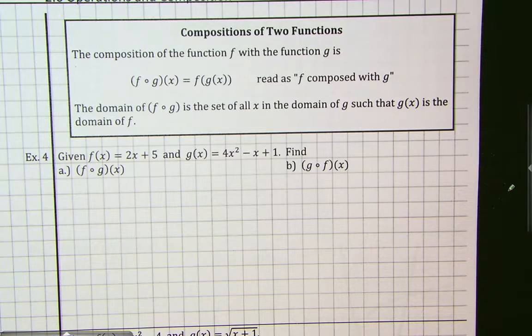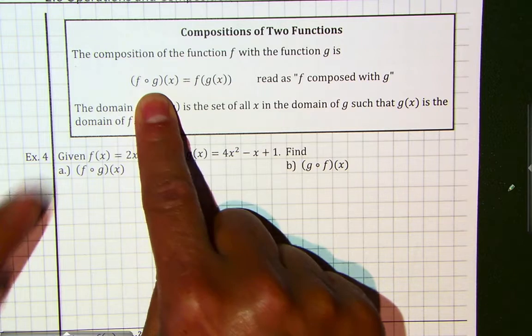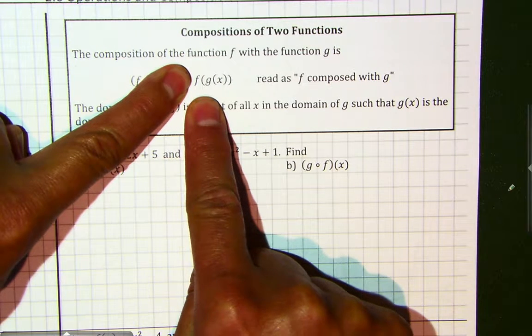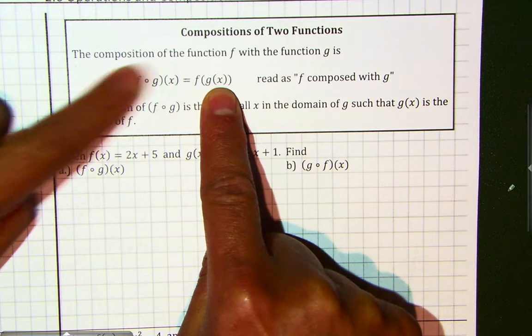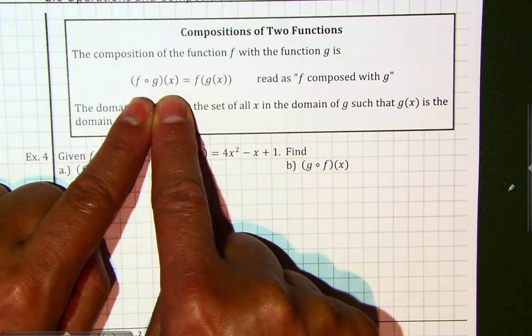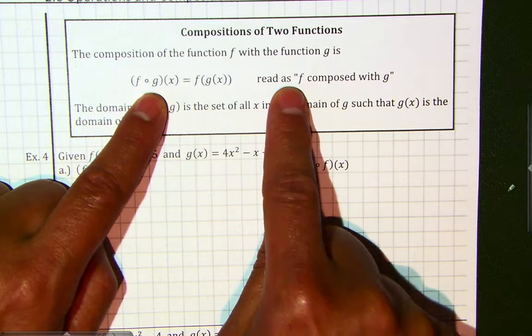So we have the composition of two functions. So we have f of x and g of x. And you guys have seen compositions before in this format, where you read it as f of g of x. We're going to introduce this notation, which is read as f composed with g.